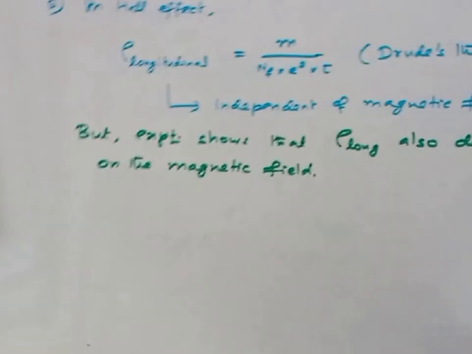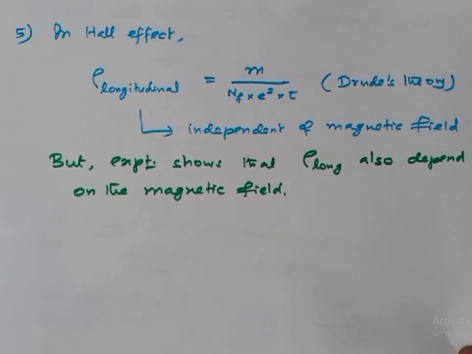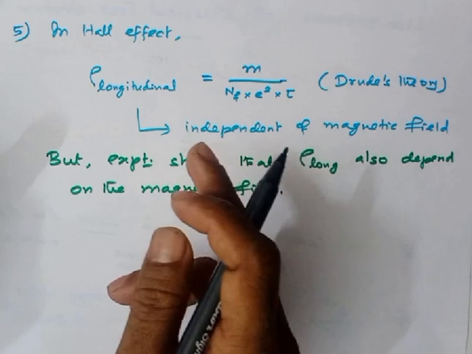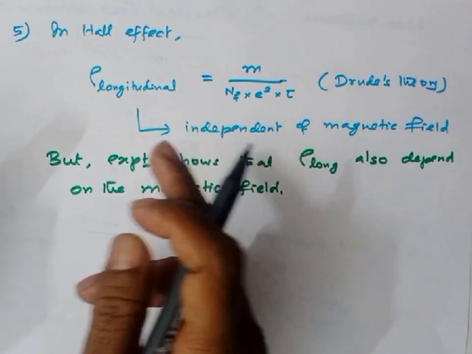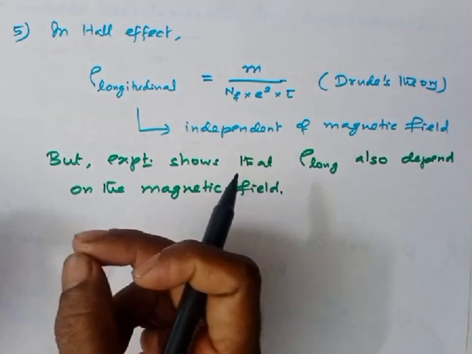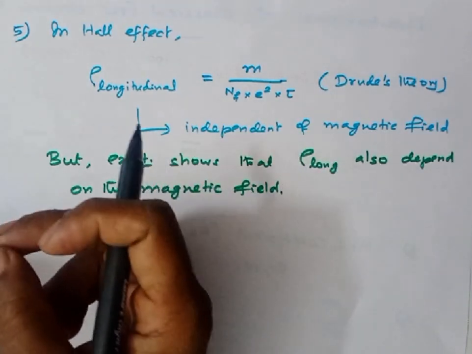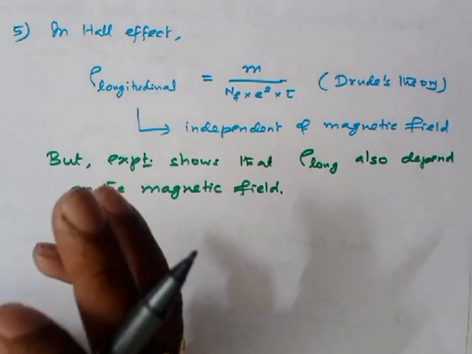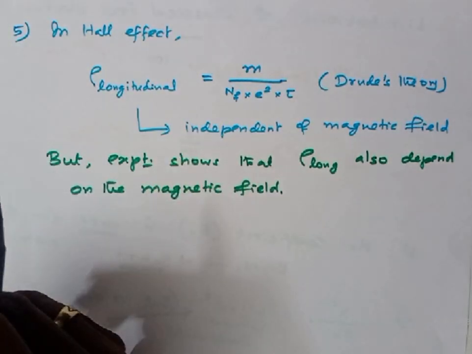Then the last limitation, which is very, very important. See, in the Hall effect, you know very well, when you connect a metal sheet to the two opposite corners to the source of a battery, and if you connect a voltmeter, you will get some voltage. It is called longitudinal voltage, right?